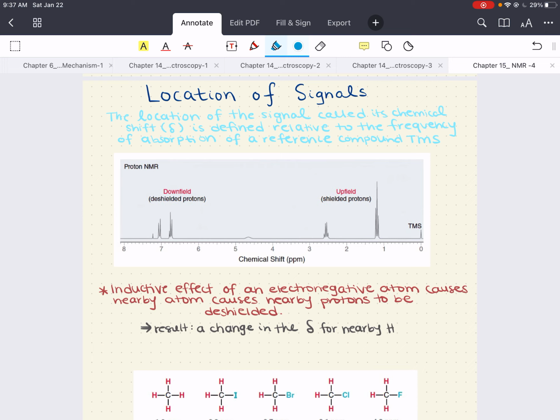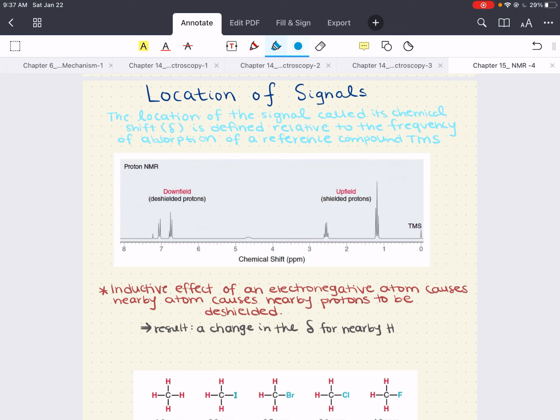So the signals on the left of the spectrum, downfield or de-shielded, are called high frequency signals because they result from de-shielded protons that are going to absorb higher frequencies of radiation because there are no electrons in the way to deflect some of this absorption. In contrast, signals on the right side of the spectrum, upfield, are low frequency signals because they result from shielded protons that are going to absorb lower frequencies, right? Because they're shielded.